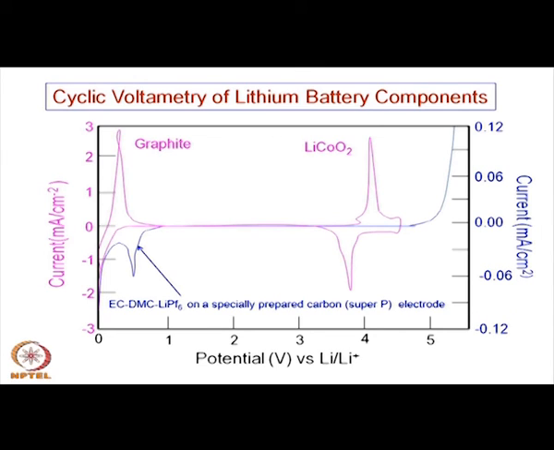Fortunately, it is stable from the kinetics point of view, although from the thermodynamic point of view they are not that stable. From the kinetic point of view there is no problem, because on both the lithium cobaltite as well as graphite, some decomposition product gets deposited, and further decomposition does not take place.